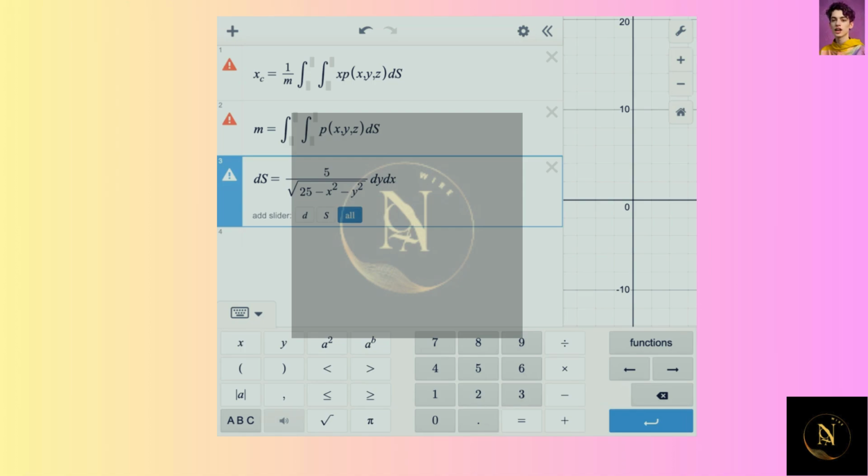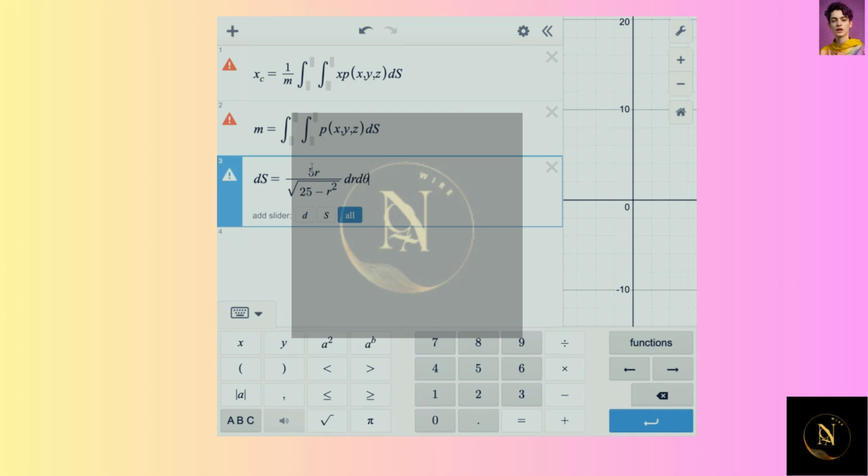We're going to change it to polar coordinates as well. So we will make our new thing right here be minus r squared. And then this will be r dr d theta.